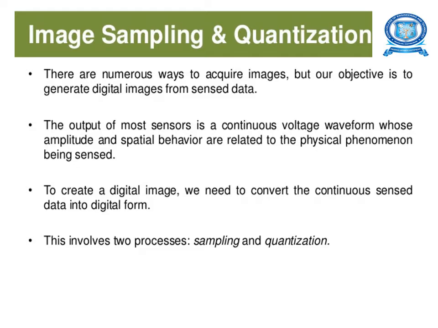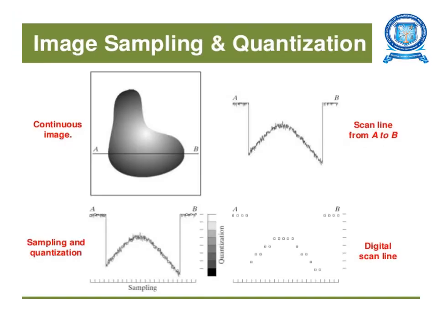The output of the sensor will be a continuous voltage waveform whose amplitude and spatial behavior are related to the physical phenomenon being sensed. To create a digital image, we have to convert this sensed input data into digital form. That particular process is called sampling and quantization.